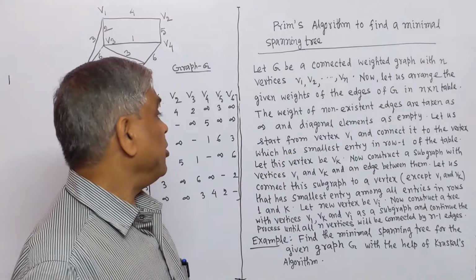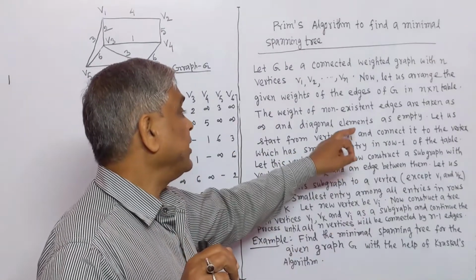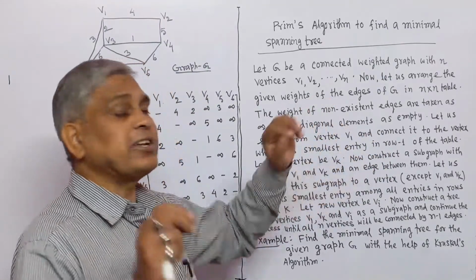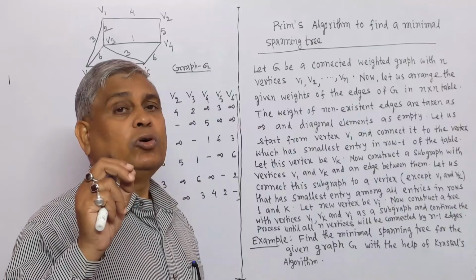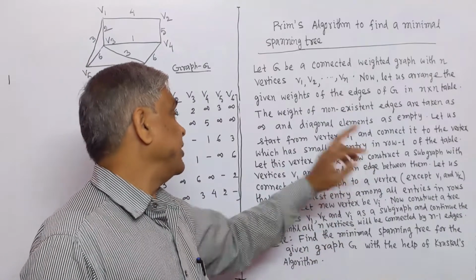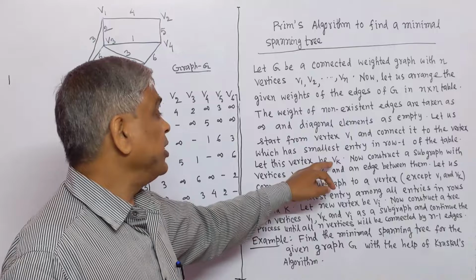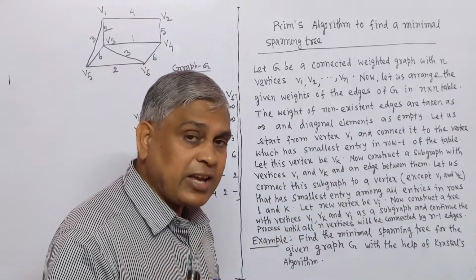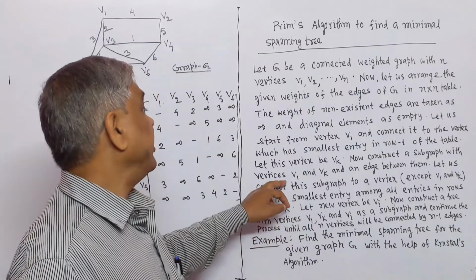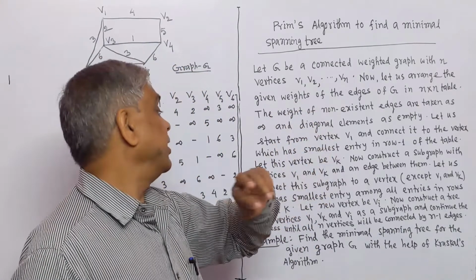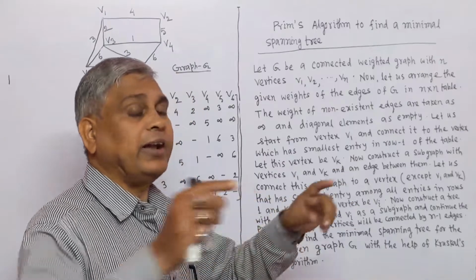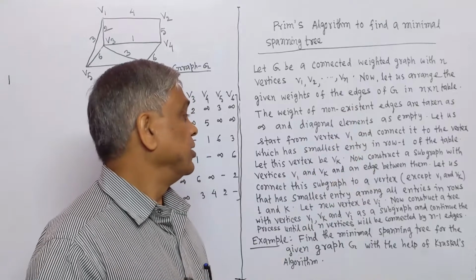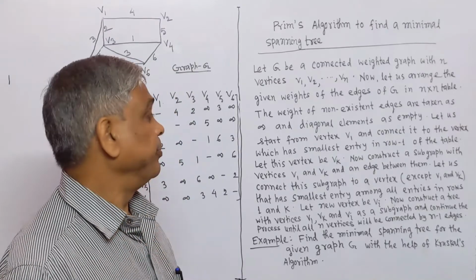Let us start from vertex V1 and connect it to the vertex which has the smallest entry in row 1 of the table. Let this vertex be Vk. Now construct a subgraph with vertices V1 and Vk, connected by an edge between them.